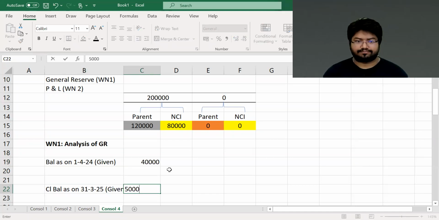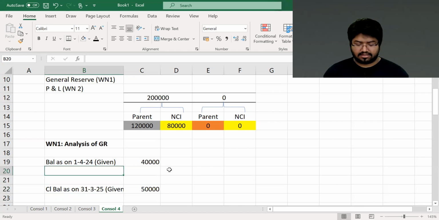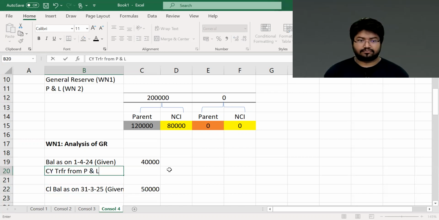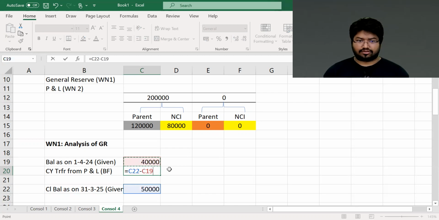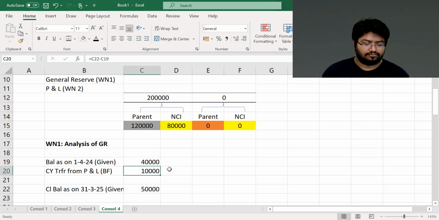How much? 50,000. That means the current year transfer from P&L is the balancing figure, which is basically 50,000 minus 40,000.